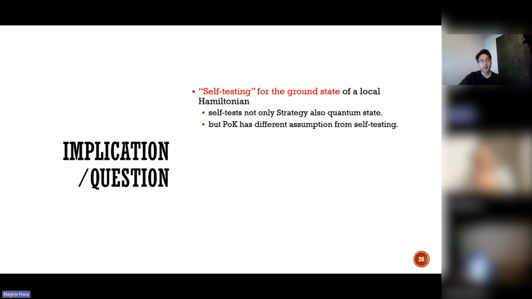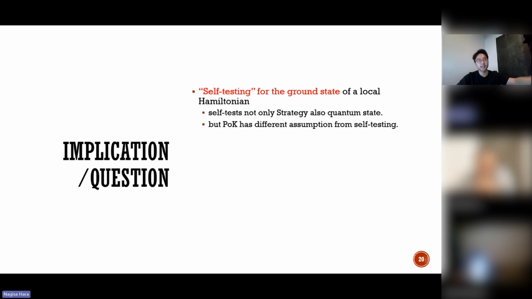But remark that the assumption of proof of knowledge and the assumption for self-testing are different. On one hand, self-testing doesn't care about the efficiency of the isometry, but on the other hand, proof of knowledge must consider the efficiency of computation. And also in the proof of knowledge property, we allow the machine to do LOCC operations, local operations and classical communication.